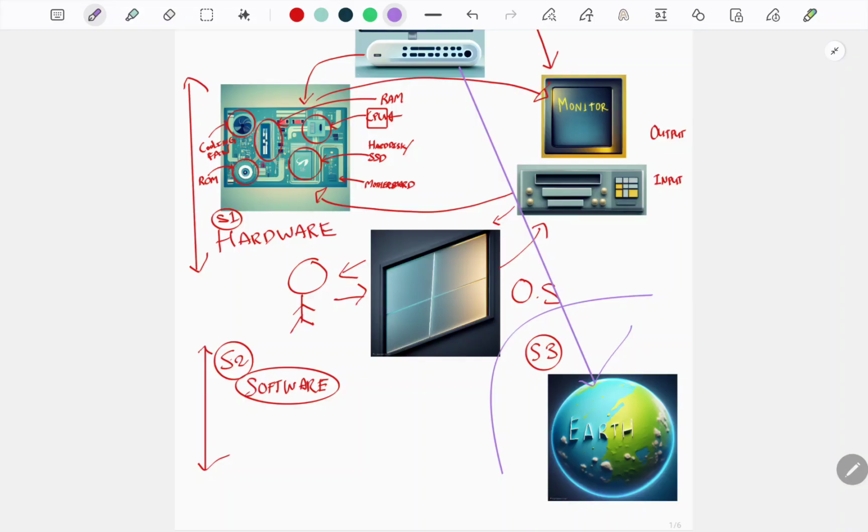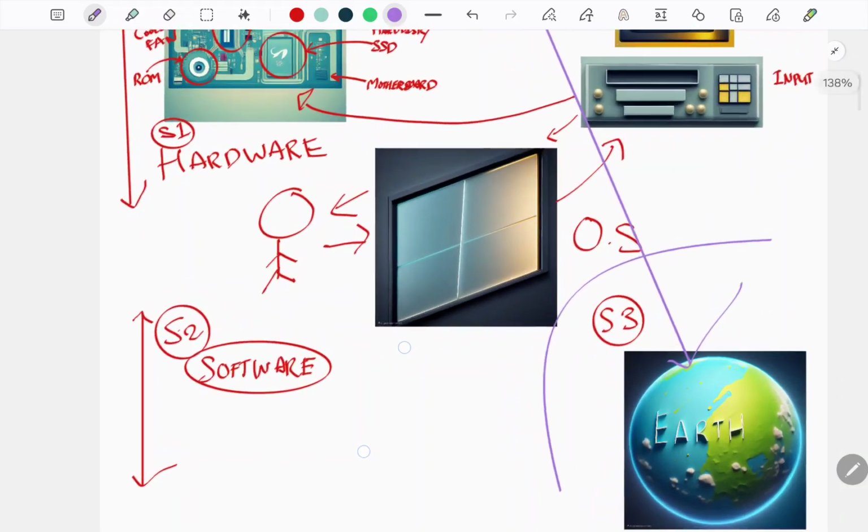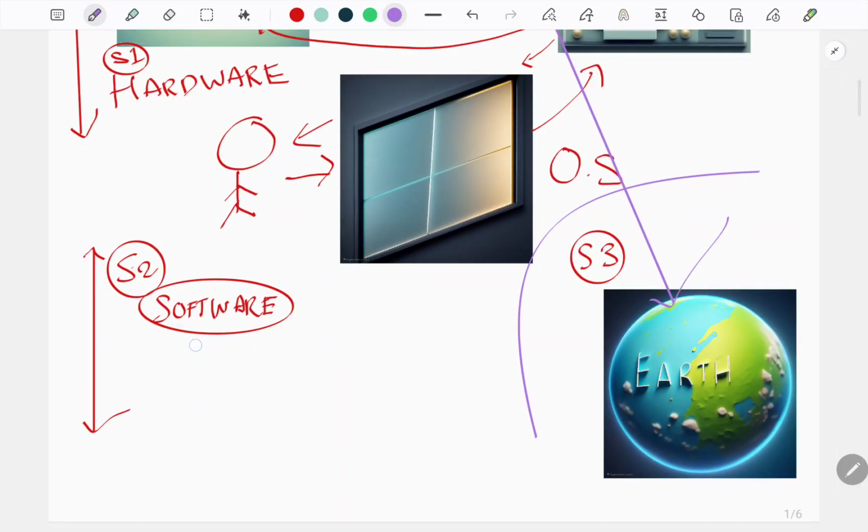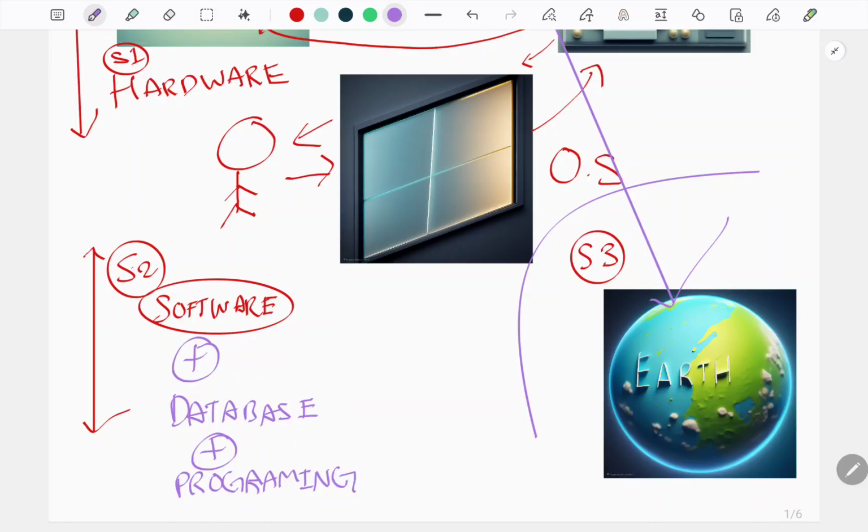How can you set up a database? How to program a database in a simple programming language? We will look a bit at the database and a bit at programming, which is a very simple one.